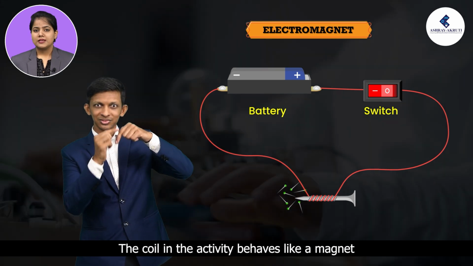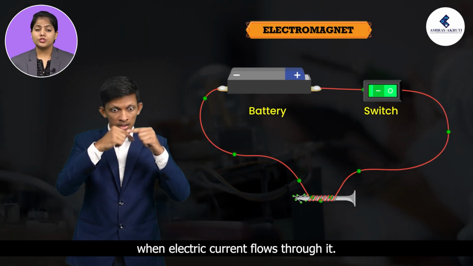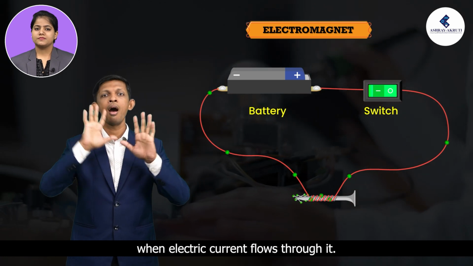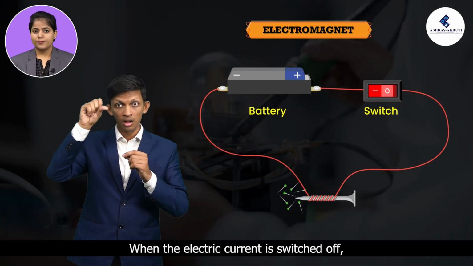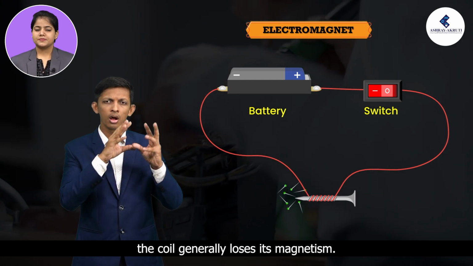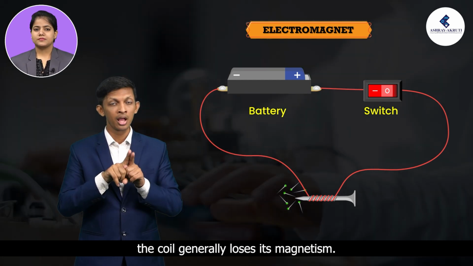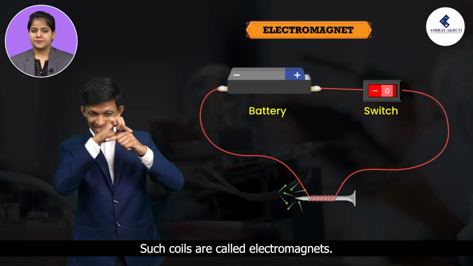The coil in the activity behaves like a magnet when electric current flows through it. When the electric current is switched off, the coil generally loses its magnetism. Such coils are called electromagnets.